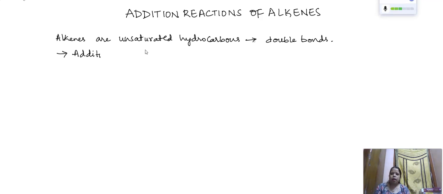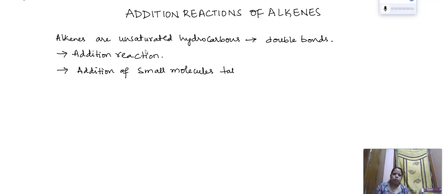So what do we mean by addition reaction? Addition reaction means we are going to add a certain substance to it. Here we are going to add small molecules like HCl, or we can add hydrogen, chlorine, and so on. So addition of small molecules takes place at the double bond.